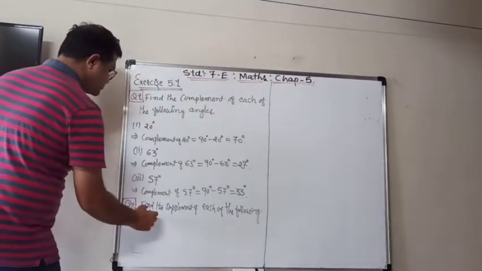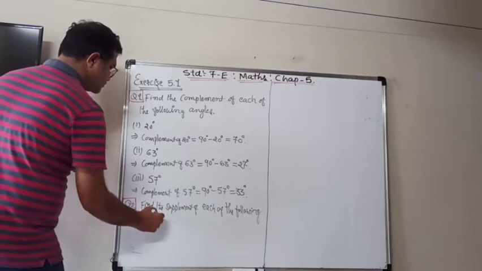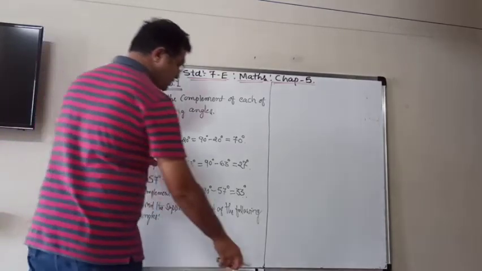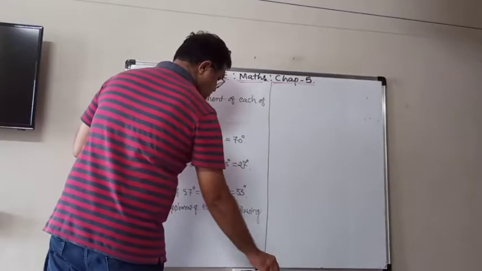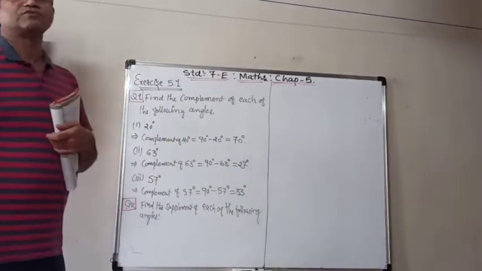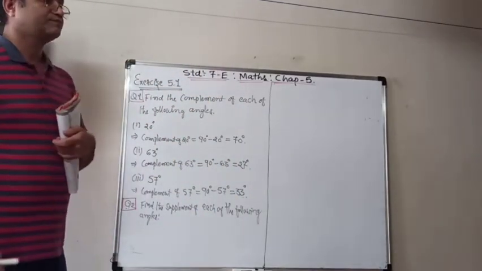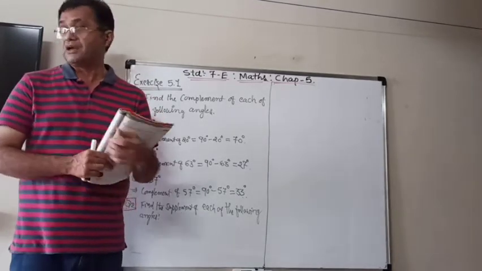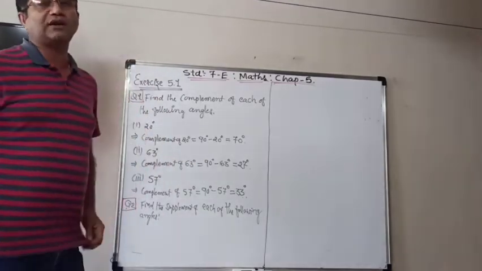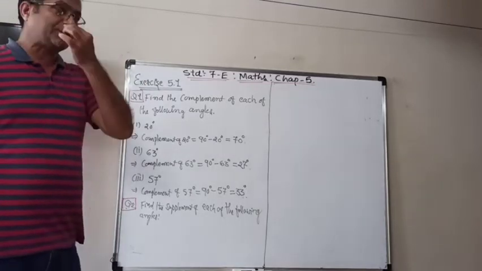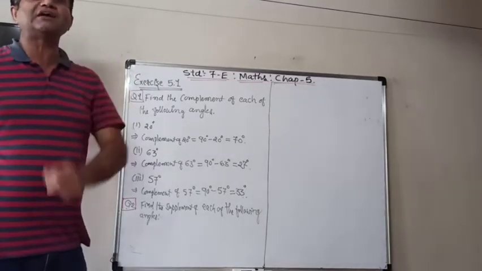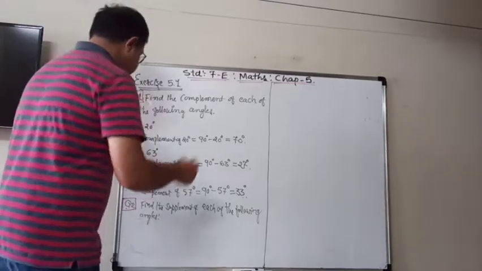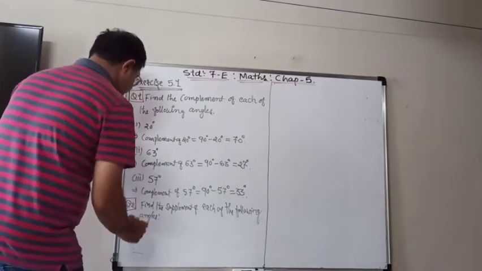Now we know what is supplement. Supplement means when the sum of the two angles is 180 degrees, then they are known as supplements of each other. It means that to find the supplement of the given angle, we have to subtract that angle from 180 degrees.